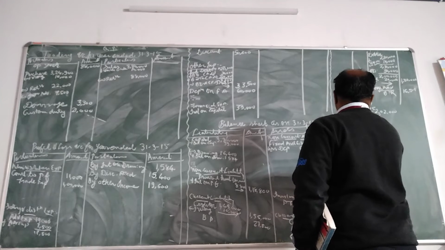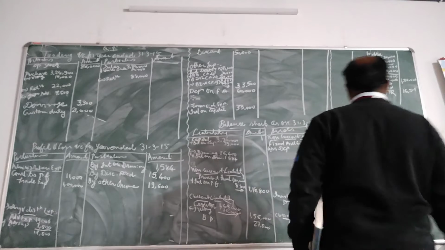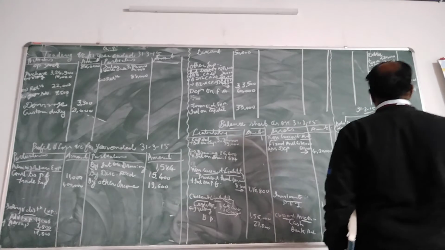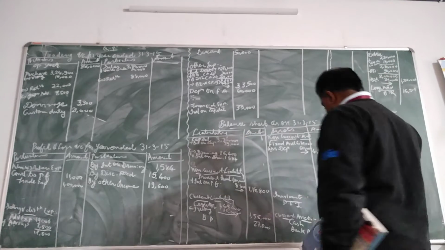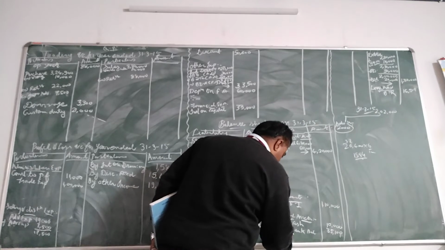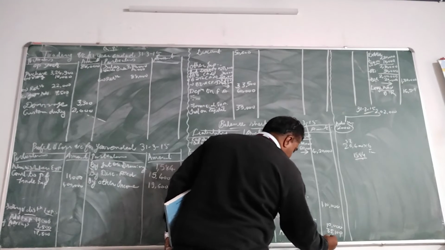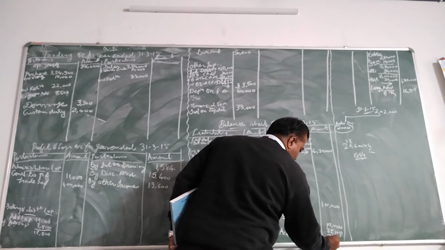Advertisement stock is 2,000, so it is written over here under the head closing stock.